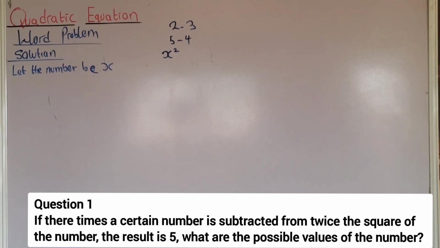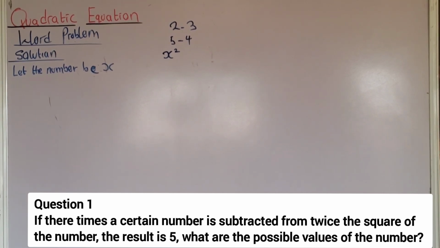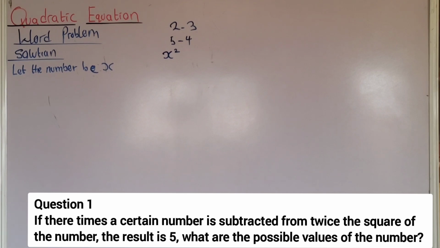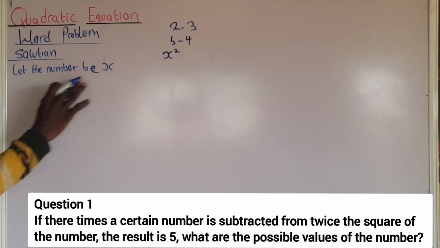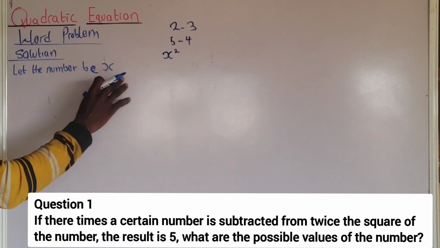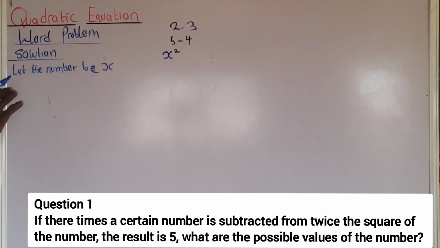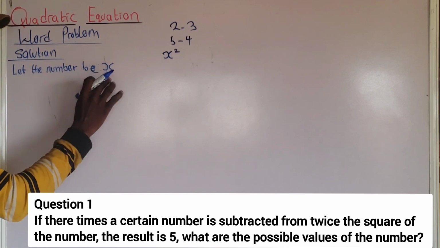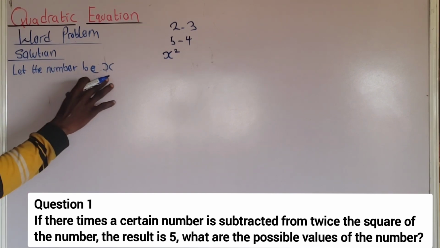All you have to do is understand the question and then interpret it. Let the number be x. The square of the number is x squared, because I've said let the number be x.